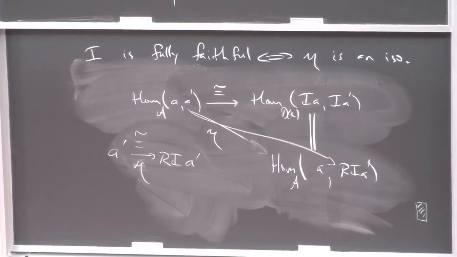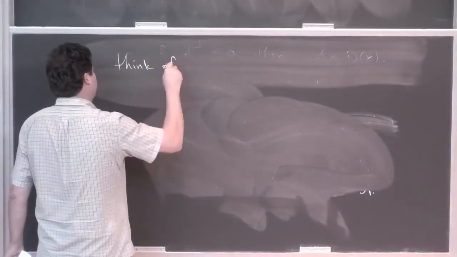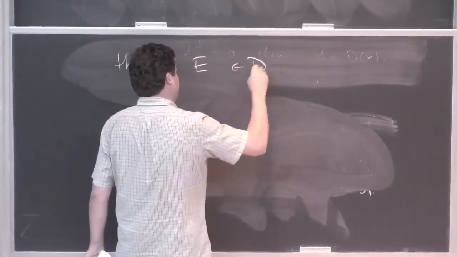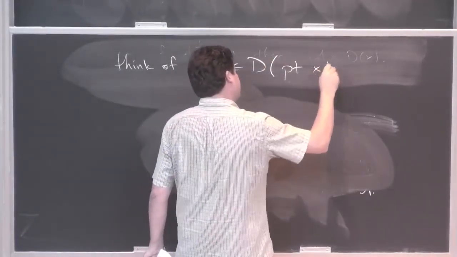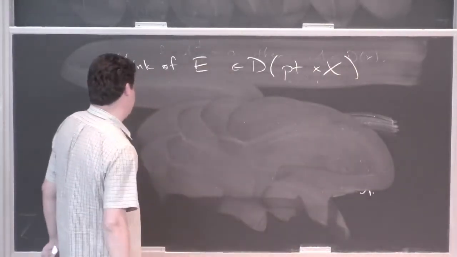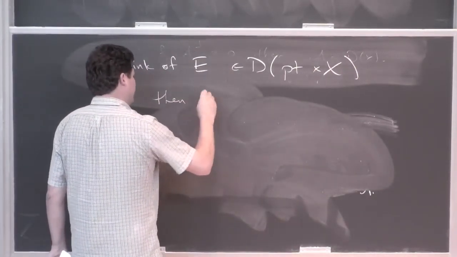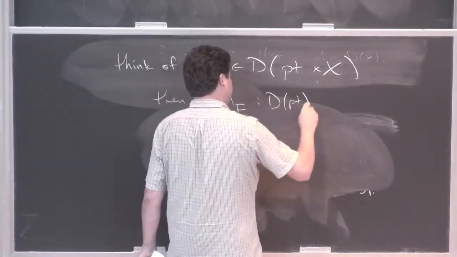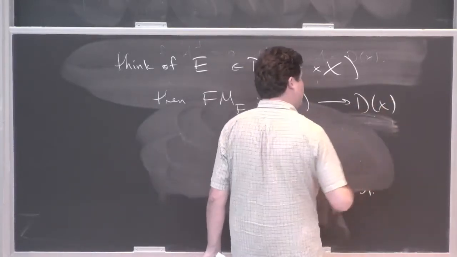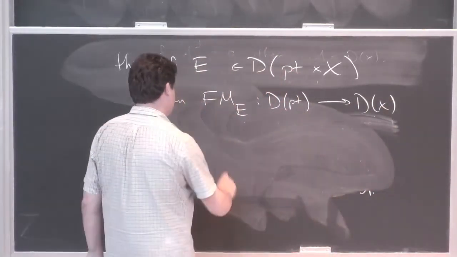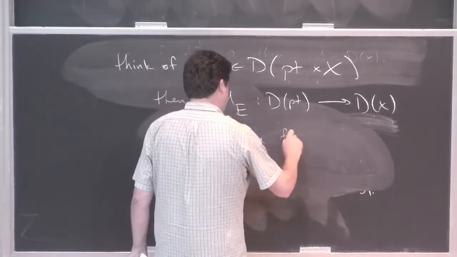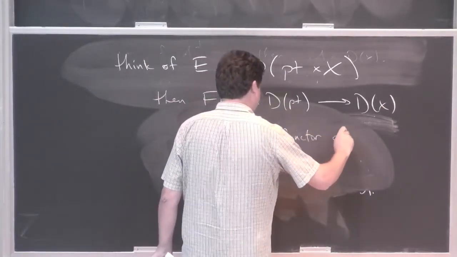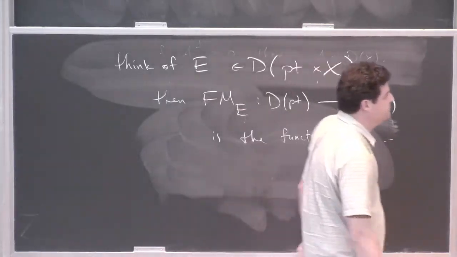And how, well, if I think of E as an object on the derived category of a point times X, then the Fourier-Mukai functor induced by E from D of a point to D of X is the functor above, right?